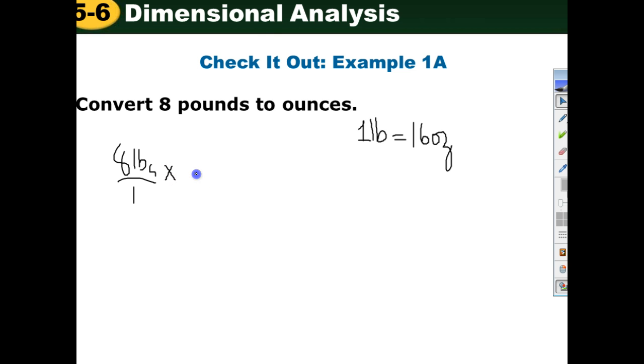Now, where are we going to put 1 pound, top or bottom? Good, we need to put it at the bottom because that's the unit that we want to cancel out. And then we put 16 ounces on top. So the pounds cancel each other out, and we are left with 8 times 16.